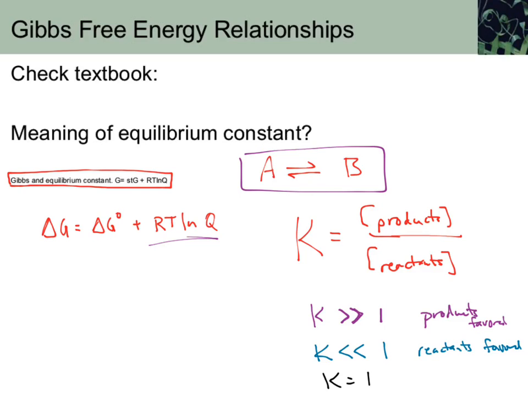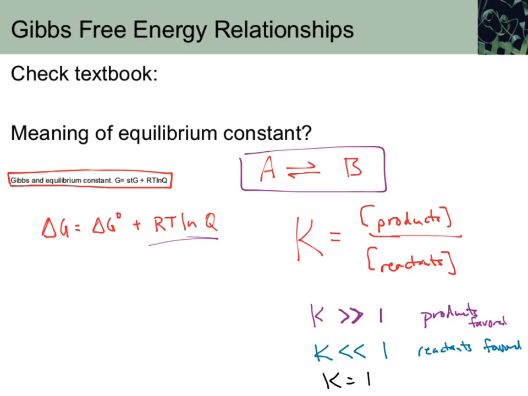We don't really get anything useful out of that beyond that. We don't have a favoring one way or another. We're just saying that we get equal concentrations of both. If we have a K equal to 1, it's not particularly useful information. The useful information comes in when we have Ks that are either really large or really small, because those push the extremes of our reactions.